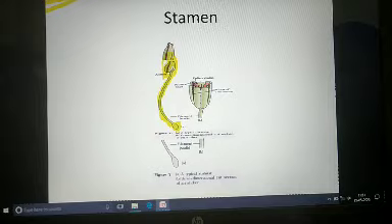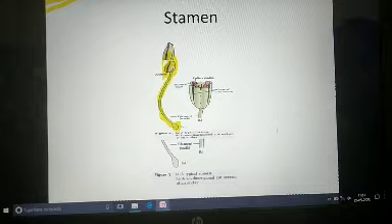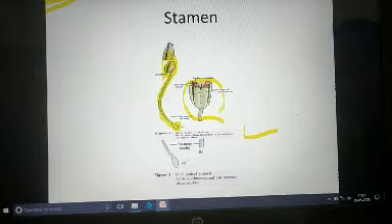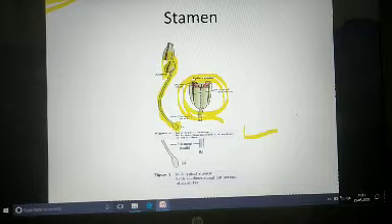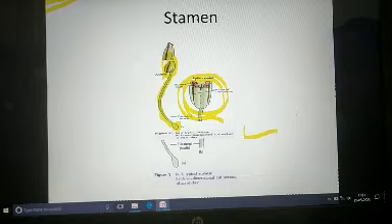Now, when it is taken into section, under microscopic observation, the stamen appears like this. After taking the section, you can see the inner parts of the stamen. So, the stamen consists of 4 pollen sacs.